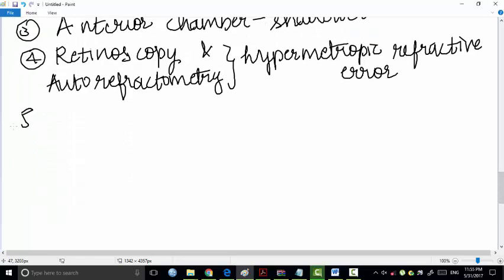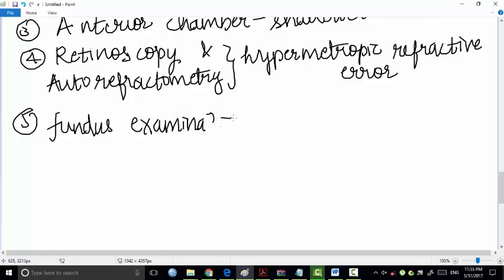And fifth, fundus examination. If you examine the fundus, what will you see? In fundus, first you see optic disc. Optic disc looks small.